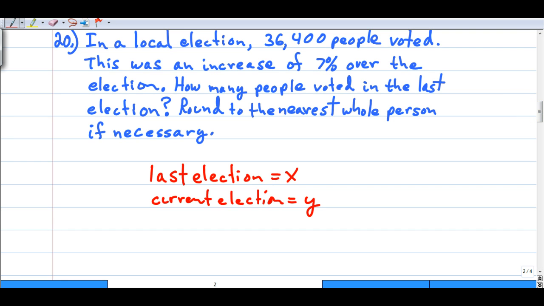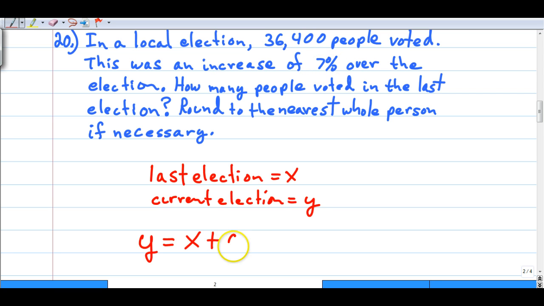Now what we want to do is set up a formula. We know that the current election, Y, is equal to the last election, X, plus an increase of 7%.